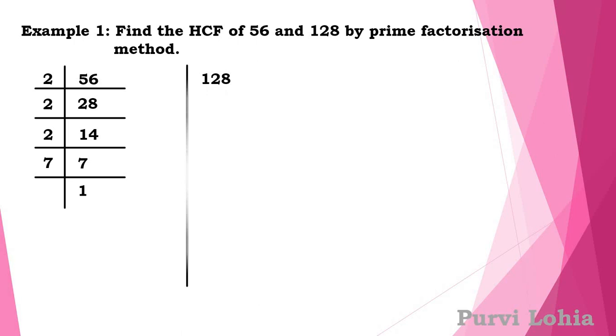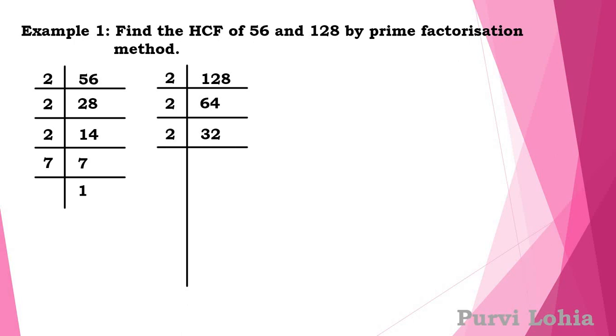128 is again an even number, so it will be divisible by 2. Let's quickly do it, okay? 2, it will give 64. Again 2, it will be 32.